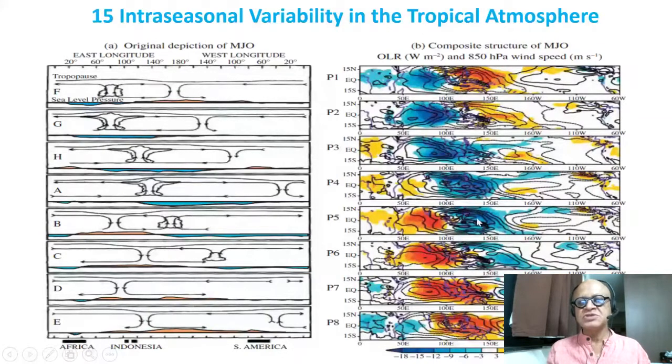There are various issues associated with how the convection actually crosses the equator across the maritime continent, which we will come to later on.